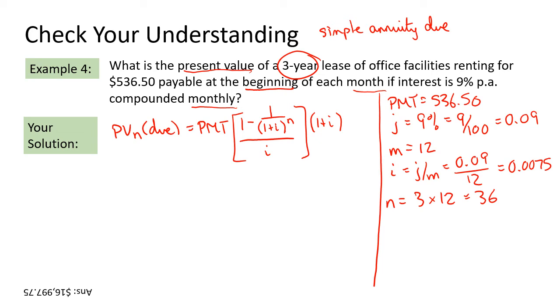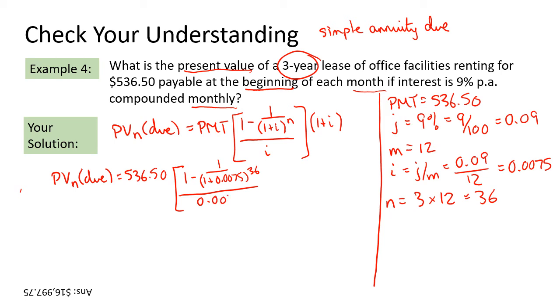So placing everything into the equation, our present value for an annuity due is equal to $536.50 multiplied by 1 minus 1 divided by 1 plus your periodic interest rate, which is 0.0075, to the exponent 36, divided by 0.0075, multiplied by this additional interest term, 1 plus 0.0075.